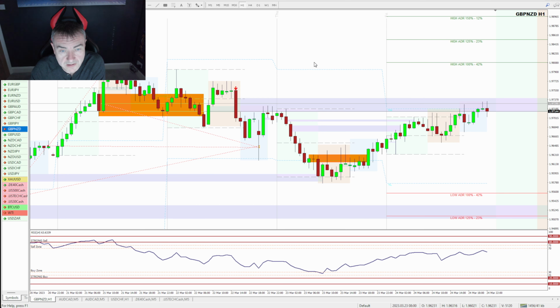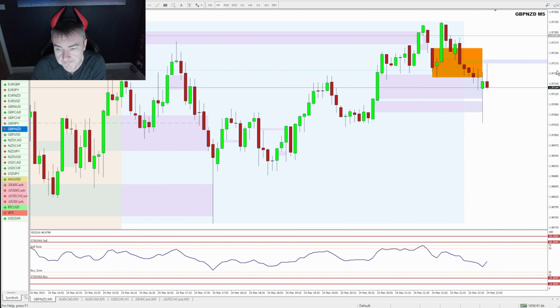The way we do that is, when ADR is extended, we drop to the M5 time frame and wait for the market reversal alerts EA to trigger a short trade. This is a structure break. Then we jump in and grab either a quarter or a half an ADR out of the market, depending on which way you want to play it.